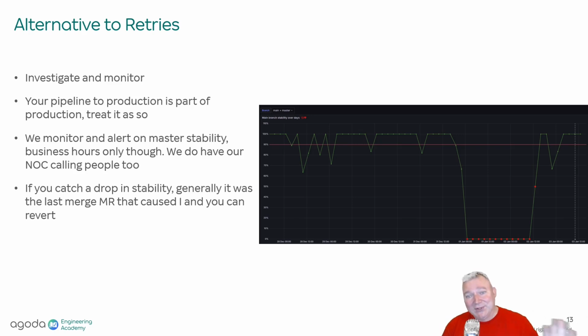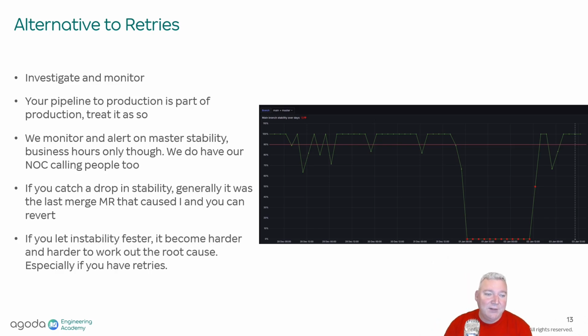And then you can go to that person, hey, this makes things unstable, you need to deal with it, and then immediately things get back on track. If you start adding retries in, these problems can fester. And you'll get things added that cause problems that aren't as present because they aren't as visible.